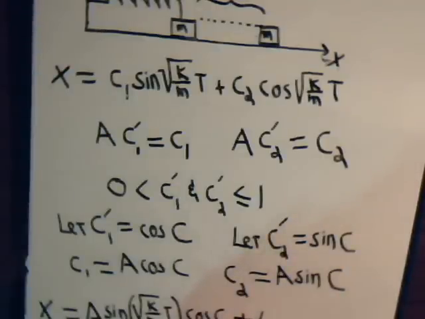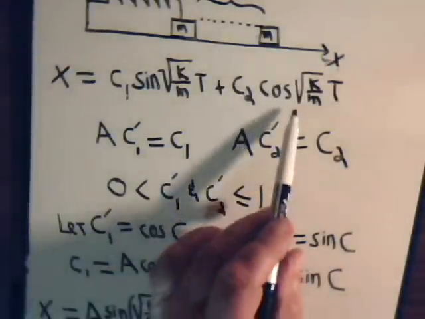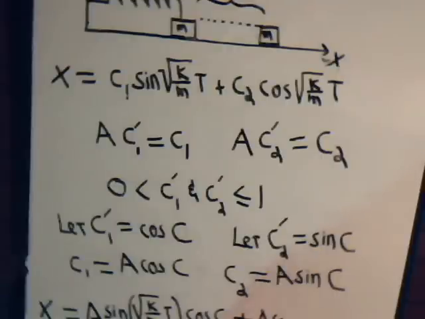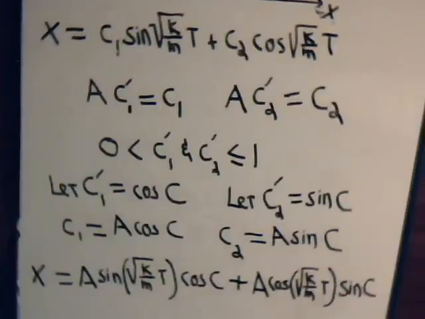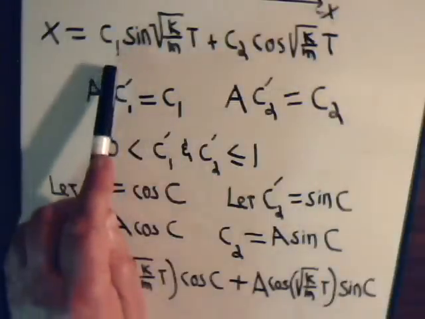So we're going to have A times this, the cosine of the square root of k over m times t, and then we'll have the sine of C. Again, A times the sine of C, that's right here, that is C2 right here.